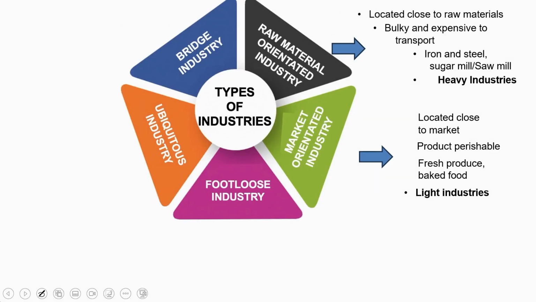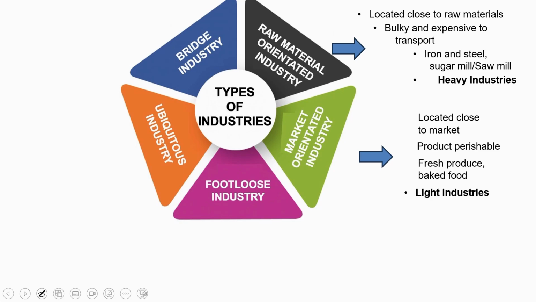Let's go to market oriented industries. These are located closer to the people who are going to be buying, the market, okay? The people who are going to be buying. And the product usually has a very short shelf life, meaning it is perishable. It is quick to go bad, okay?